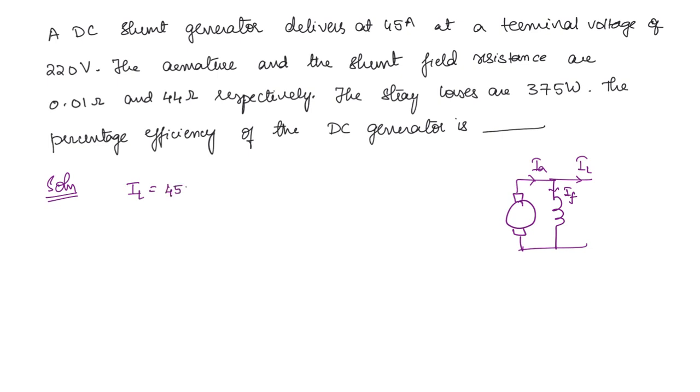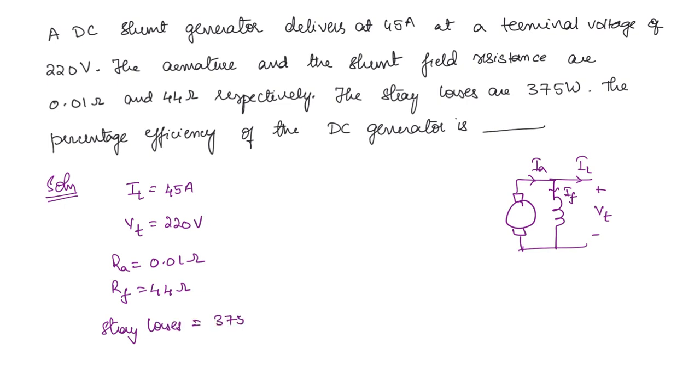So IL is 45 amperes and the terminal voltage, if you take as VT, then VT is equal to 220 volt. Next, armature resistance is given as 0.01 ohms and the field resistance is 44 ohms. And the stray losses is given as 375 watt. Now what is the efficiency?